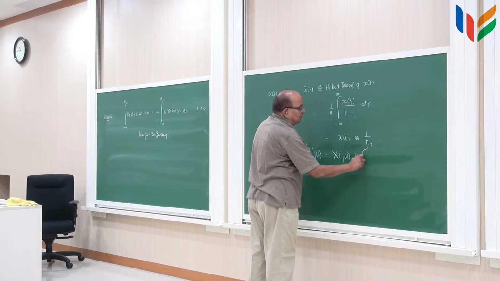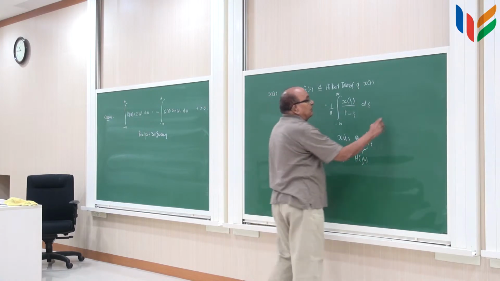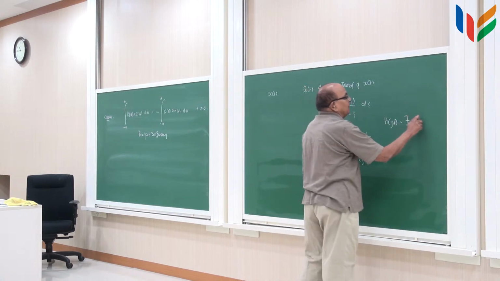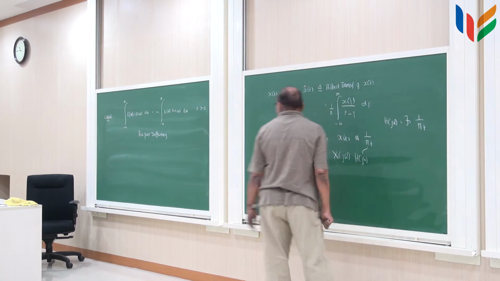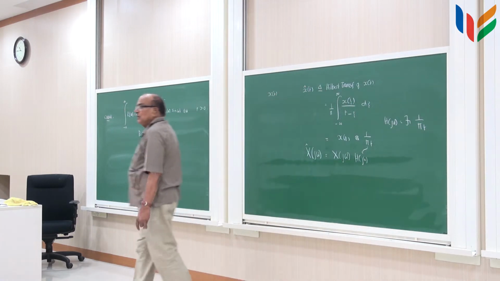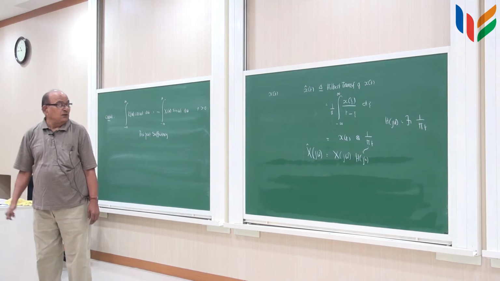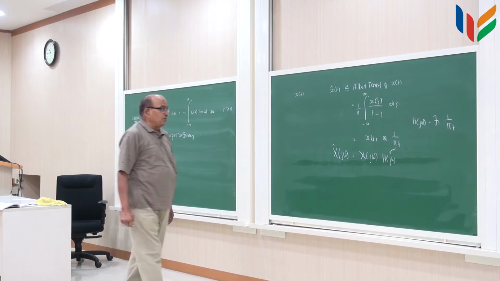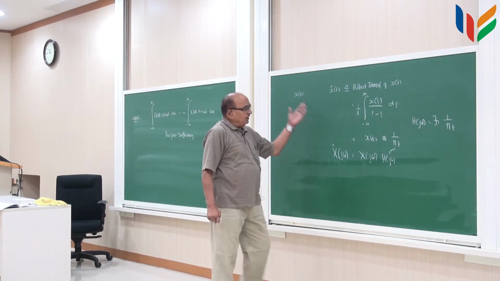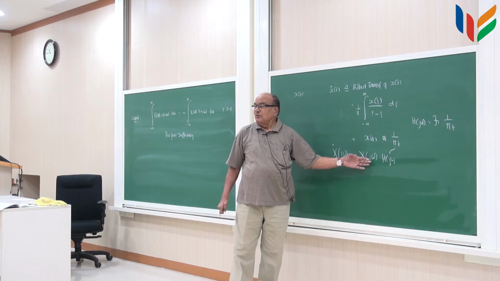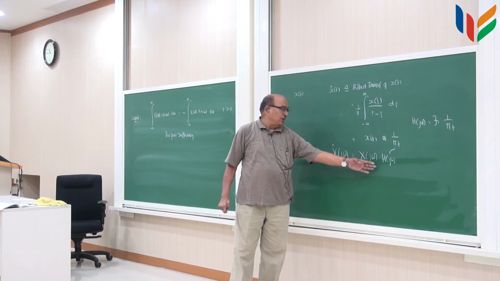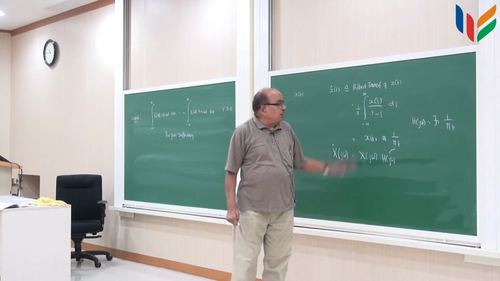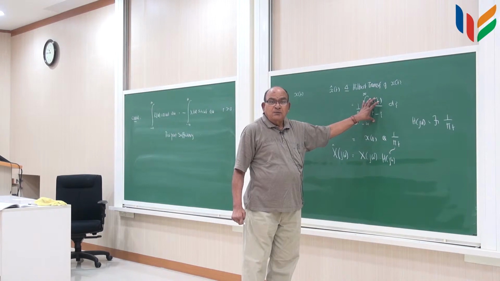Let me call this H(j omega). H(j omega) is the Fourier transform of 1 by pi t. So, all we need is to find the Fourier transform of 1 by pi t. If I know that, then for any given signal x(t), you multiply its Fourier transform X(j omega) by H(j omega), you get x cap(j omega), and invert it to get back the Hilbert signal. One is to do this in the time domain itself.